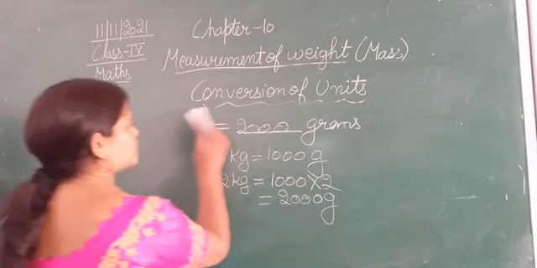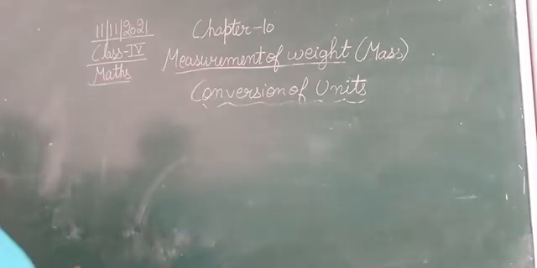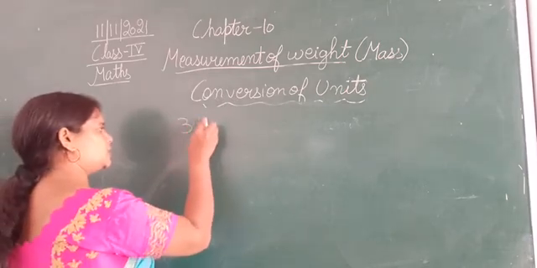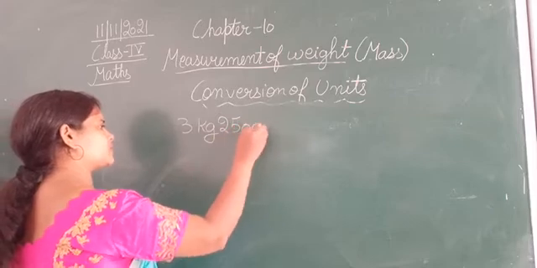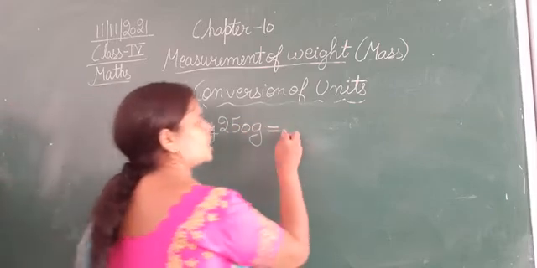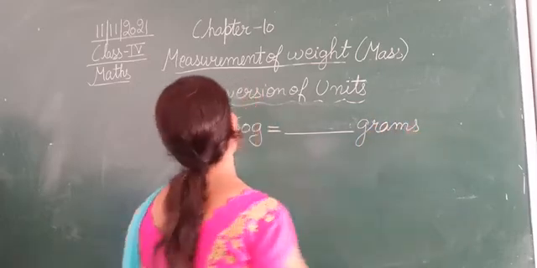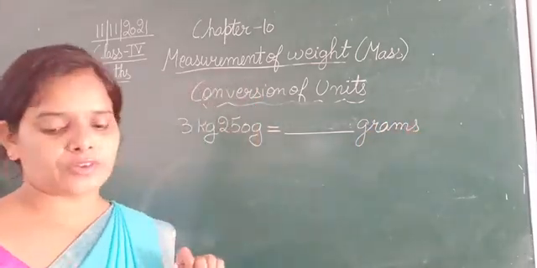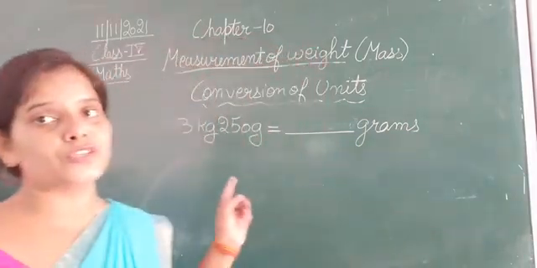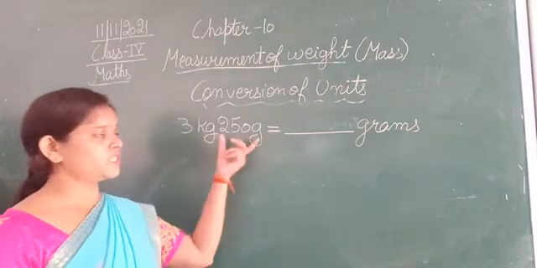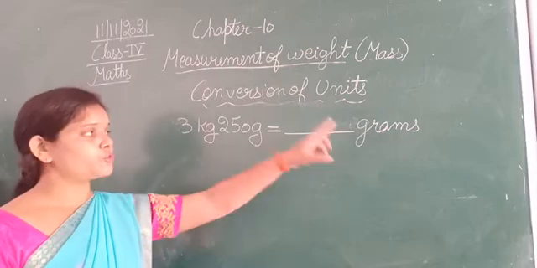Suppose the question is: 3 kg 250 grams is equal to how many grams? This is kg, this is gram, and we need to convert it all into grams.